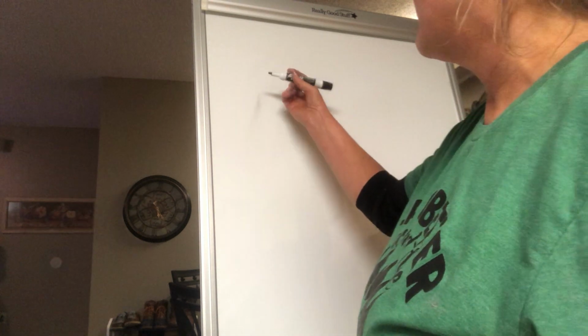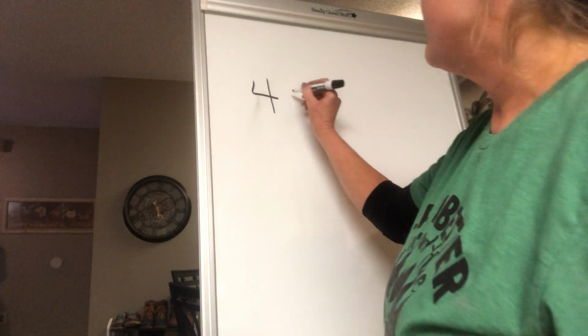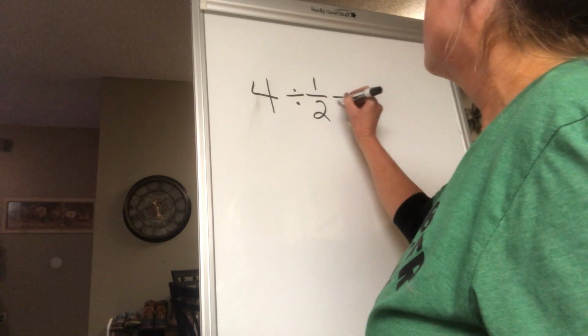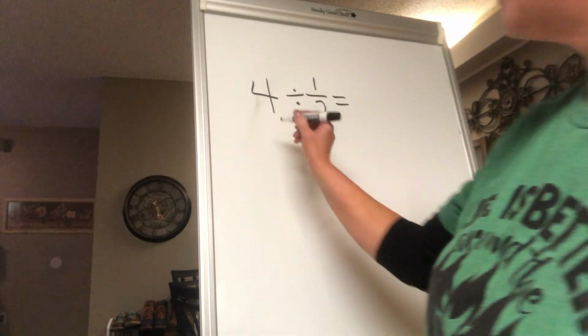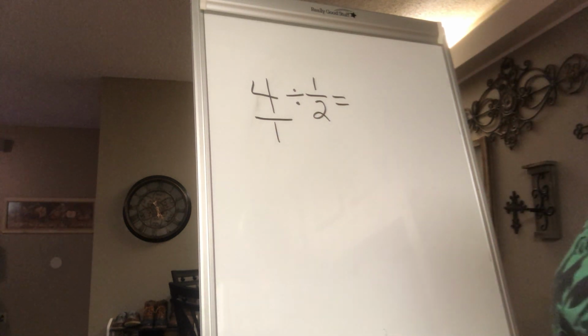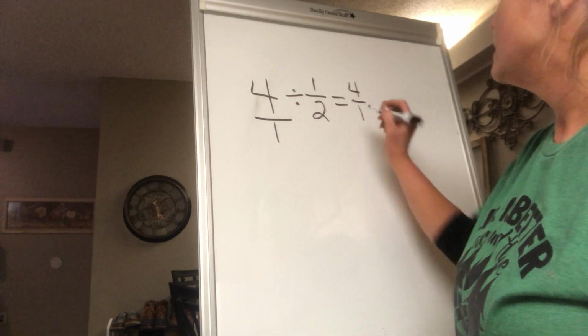Okay, so we have 4 whole liters that we're dividing in halves. So we would write it as a fraction. We slide over the first.